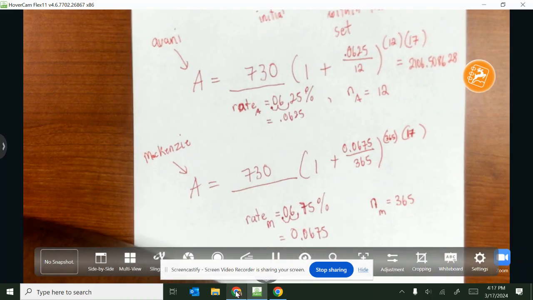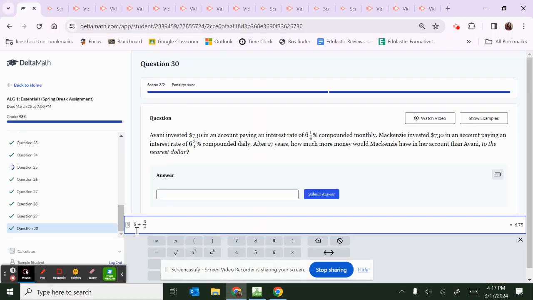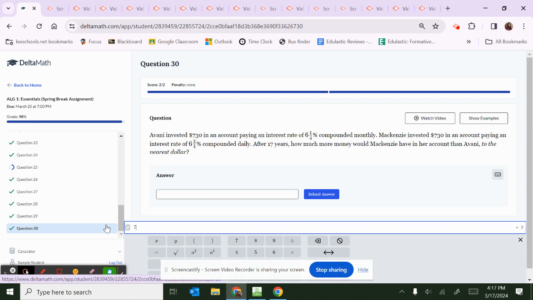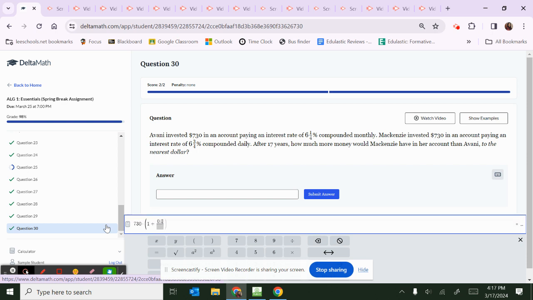Okay. So let's put this in our calculator now, guys. I'm just going to retype it. 730 being multiplied by parentheses 1 plus a fraction, which is 0.0675 over 365, to the exponent, which is 365 in a parentheses being multiplied by 17 in another parentheses.